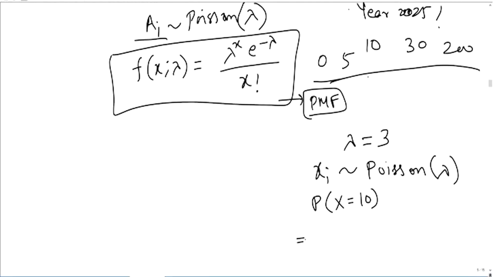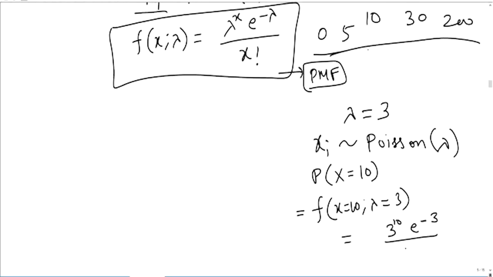This would be given by f of x equals 10 and lambda equals 3. So you just plug in x and lambda in this function. Lambda is 3, x is 10: 3 to the power 10, e to the power minus 3, divided by 10 factorial. So this would be the probability of observing 10 road accidents in a day if the underlying rate of road accidents is 3 and the number of road accidents comes from a Poisson distribution.